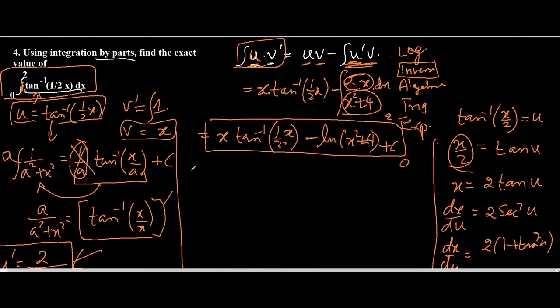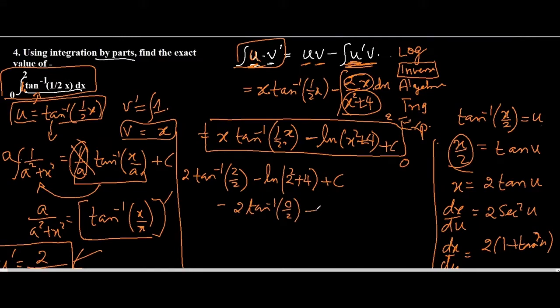Alright, so substituting: 2 tan inverse 2 over 2 minus ln of 2 square plus 4 plus c, minus 2 tan inverse 0 over 2, plus, because we are subtracting, ln of 0 square plus 4 minus c. So plus c and minus c cancel out. This is 0, tan inverse 0 is 0.